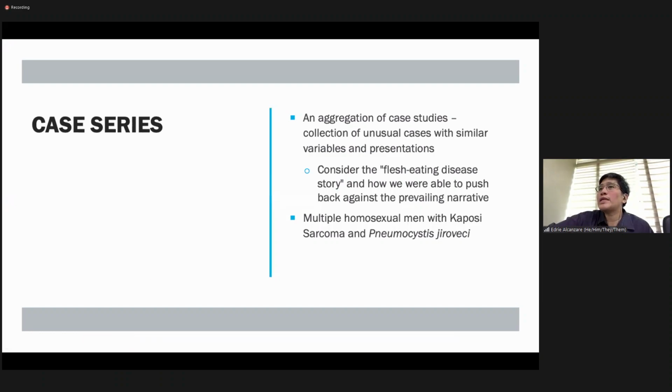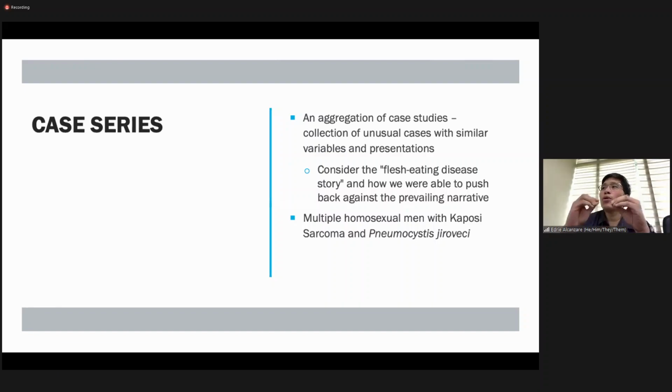So for the case series, they noted that Kaposi sarcoma is a rare malignancy or cancer brought about by mutations in endothelial and immune cells that have been infected with human herpes virus 8. Okay. And pneumocystis jirovecii is a rare fungal infection that was also seen in a lot of these patients with signs of immune suppression.